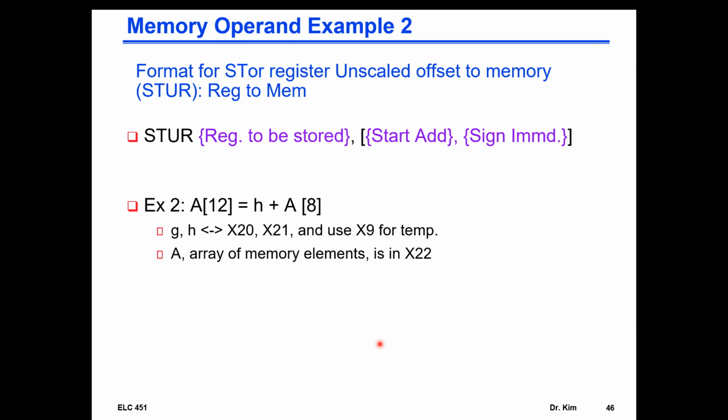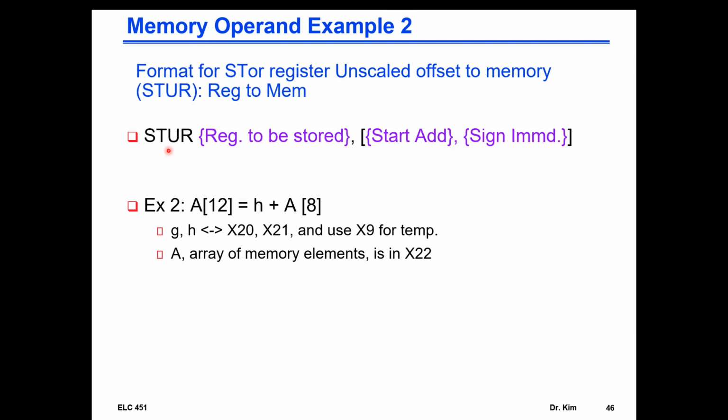So if we're going to put some result, and you understand now how we get to the A of 8, if we're going to store this result in A of 12, we would have to multiply 12 times 8. And that would be the actual displacement that we would put in the displacement field.